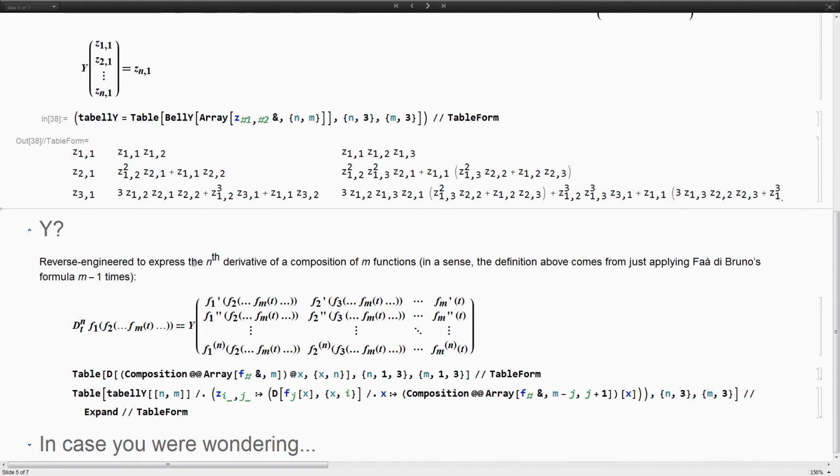The thing to know about these generalized BellY functions is that if you put as input these derivatives of functions evaluated at these compositions of functions like this, then you get the nth derivative of the composition of functions. So this generalized Bell polynomial generalizes the chain rule in both ways. You can have arbitrarily high derivatives and arbitrarily deep compositions of functions.